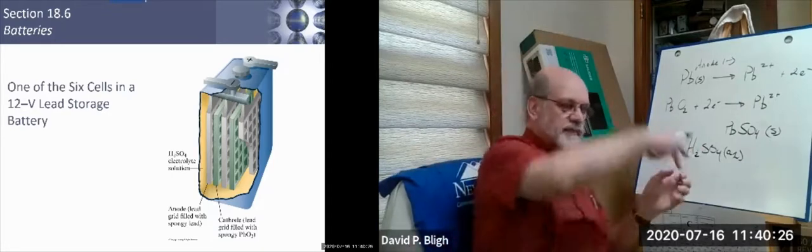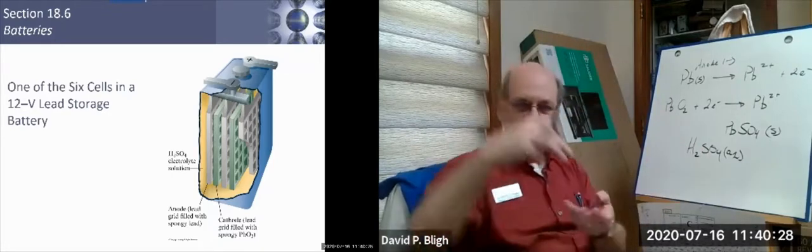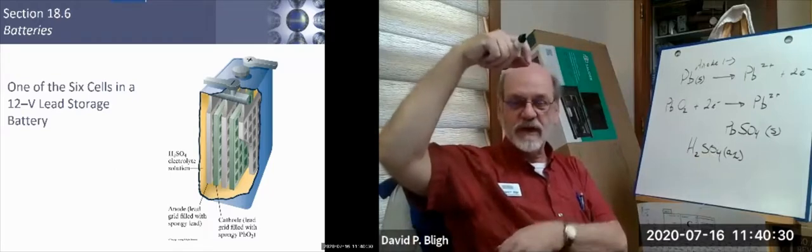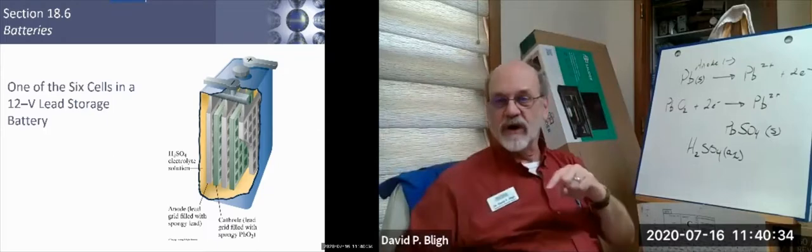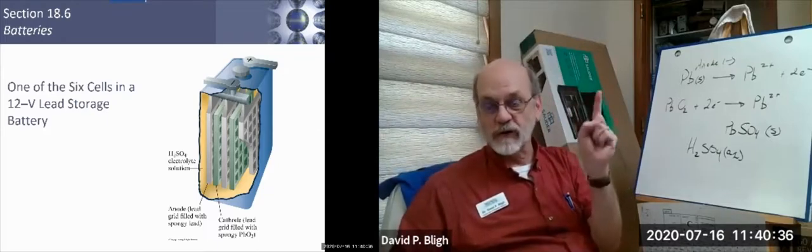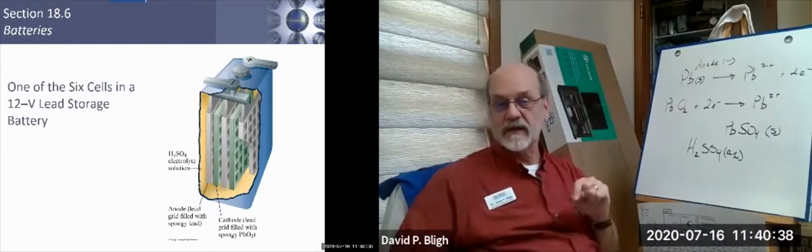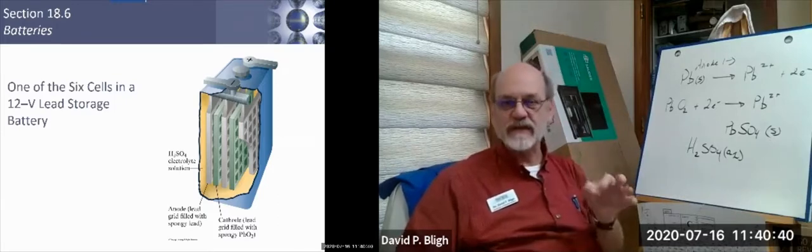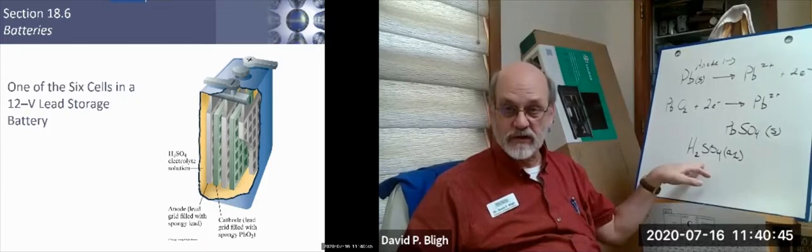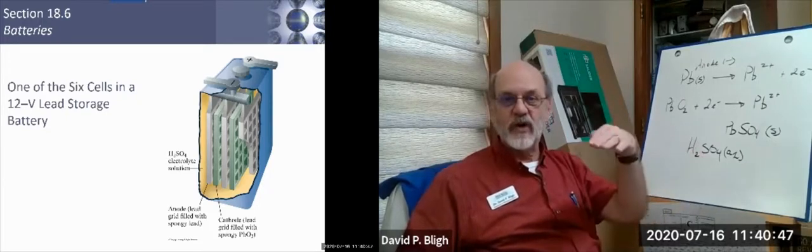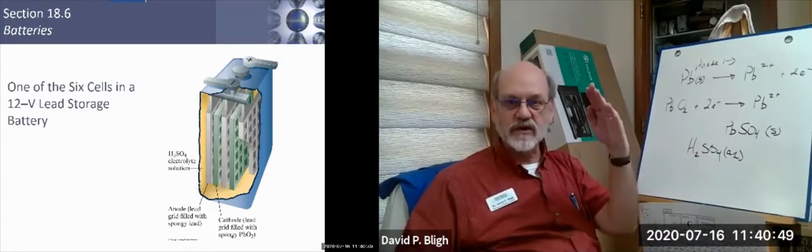And he would suck up some of that solution into the hydrometer, and a dial would read whether it's discharged or fully charged or somewhere in between. And it's based upon the density of the solution. The higher the concentration of sulfuric acid in solution, the higher the density. So as the density increased, the charge increased.